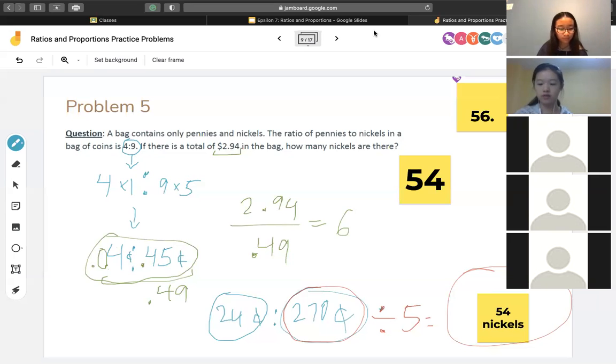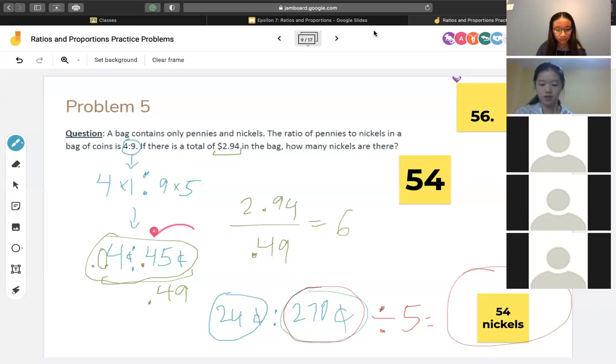And to do that, because a penny is worth 1 cent and a nickel is worth 5 cents, we can multiply the 4 in this ratio by 1, which tells us that there's 4 cents. And we can multiply the 9 in this ratio by 5 to tell us 45 cents.